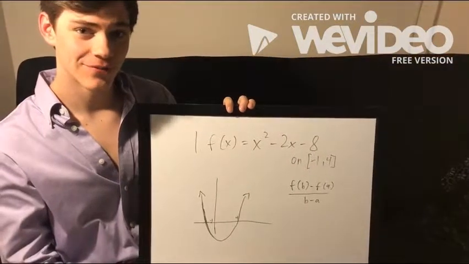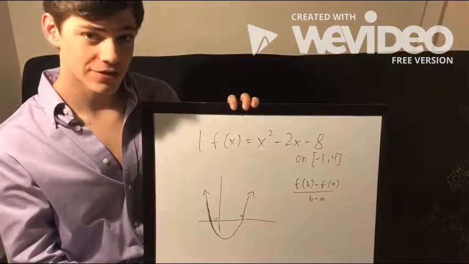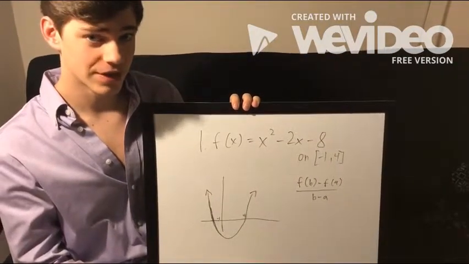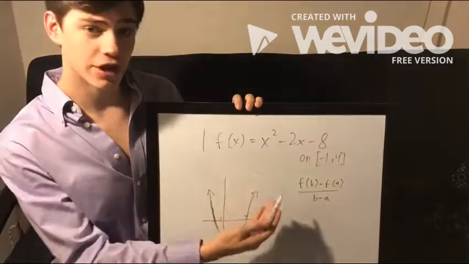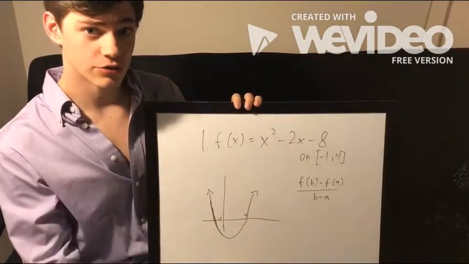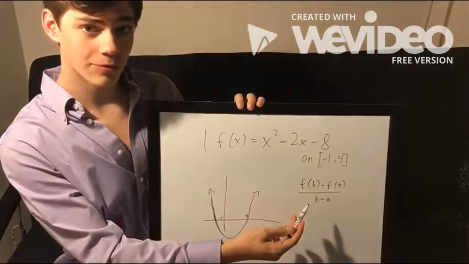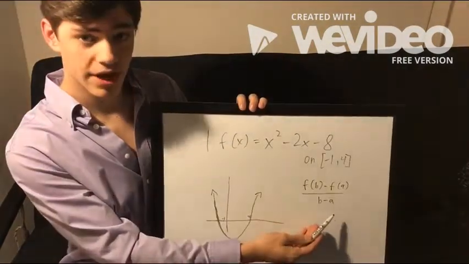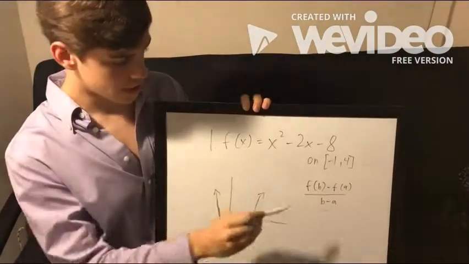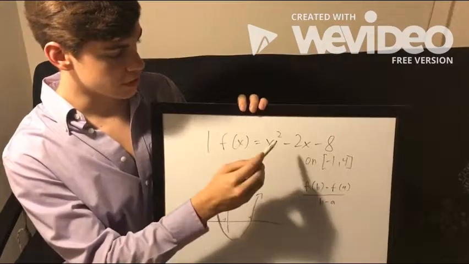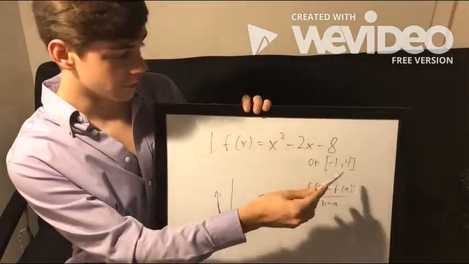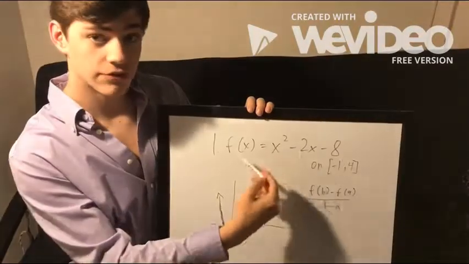Okay, so one of the most important things about solving problems for the mean value theorem is finding the average rate of change across the interval. So to do that, we use this formula, f of b minus f of a all over b minus a. Now, f of b is going to be the second end of the interval plugged into the function.